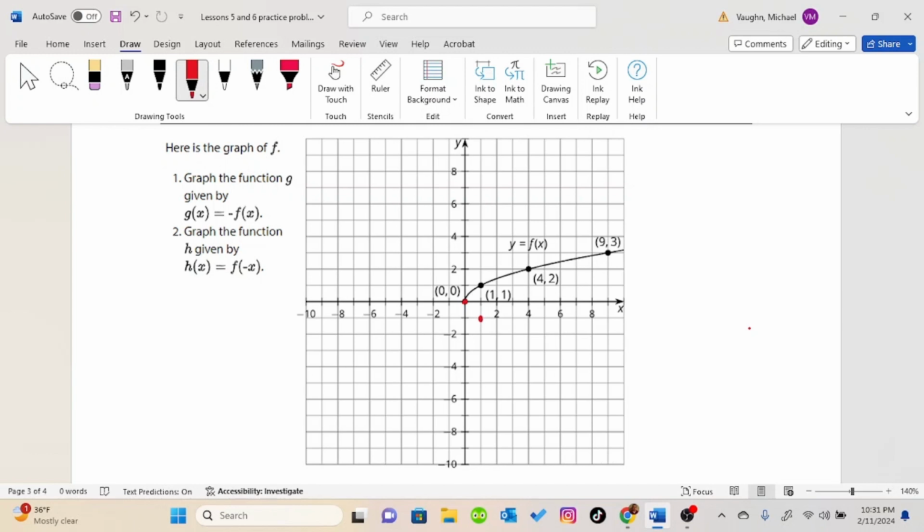This positive 2 becomes a negative 2. And this positive 3 becomes a negative 3. And then we can draw the line connecting them, and we have the graph of g of x.